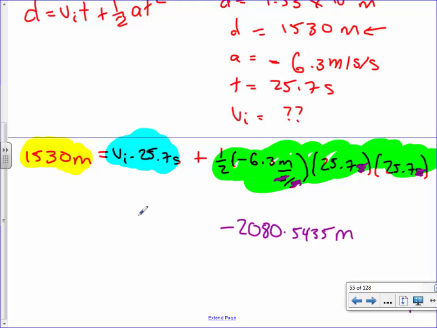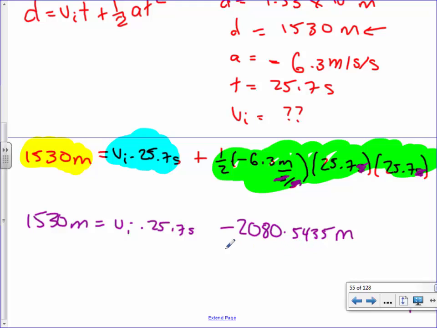Okay. So now I'm going to rewrite this. It's 1530 meters equals VI times 25.7 seconds, and now we're actually minusing this number. All right, next algebra skill. I want to get this VI by itself. It's attached to a 25.7. However, there's also a 2080 meters over here. This number right here that we just solved, we have to get rid of it.